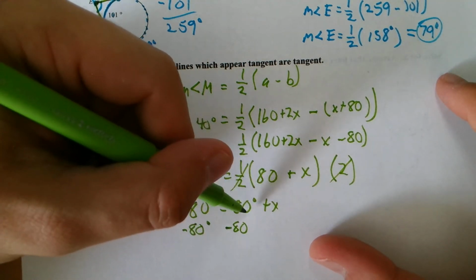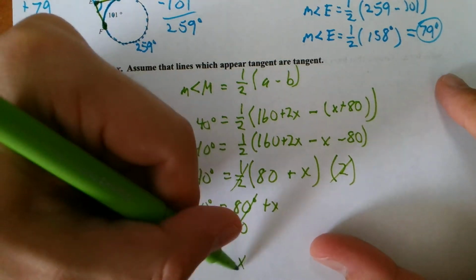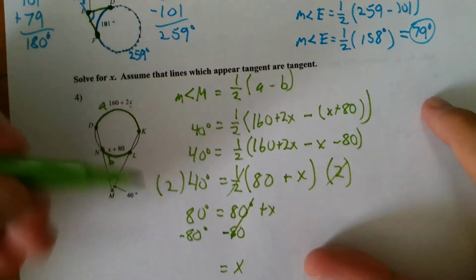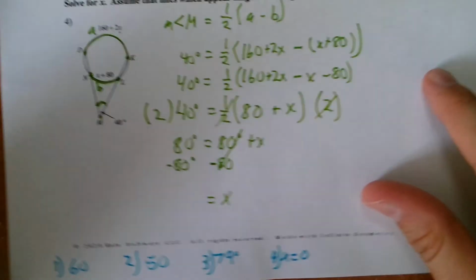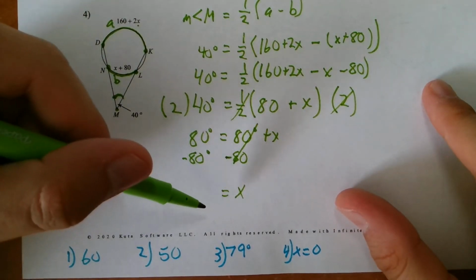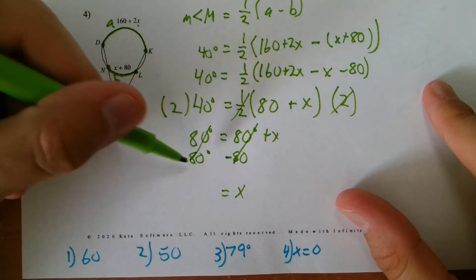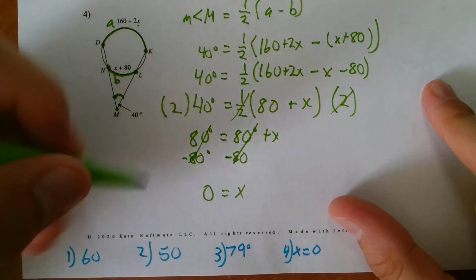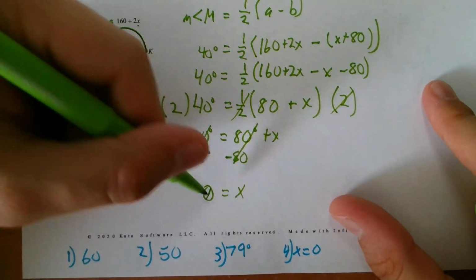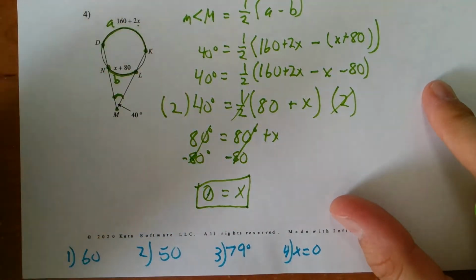Now, this 80 cancels, leaving you with x by itself. And now, the 80s here also cancel, but since we need to have a number here, anytime that happens where I have that cancel out also, you get a 0. So in other words, x is equal to 0.